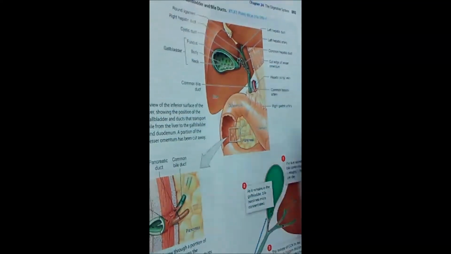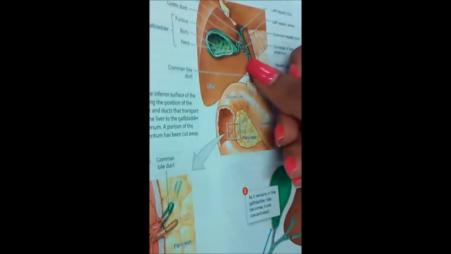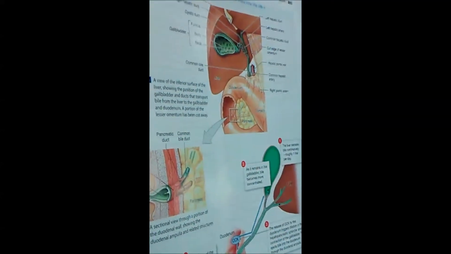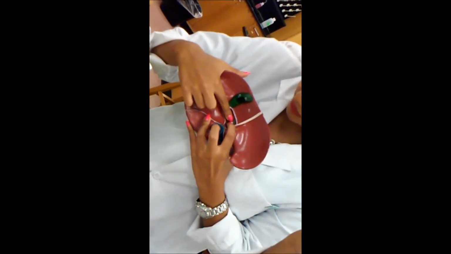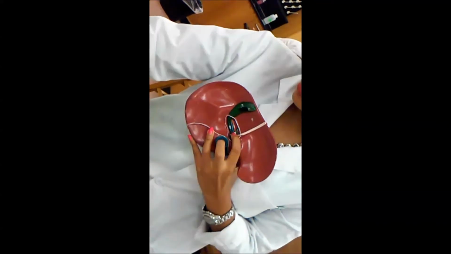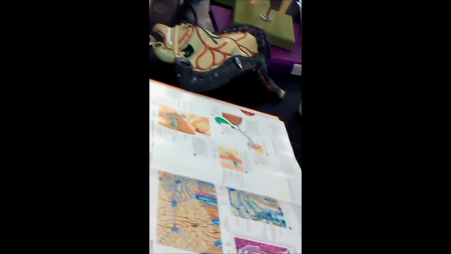And then going into the pancreas, that's the common bile duct. This is the cystic duct, right? Yes. So 563 is cystic. This one is going to the pancreas, so this is the common bile duct. 564 is the common hepatic duct, and then you see how it branches off. That's going to be the left, and the right. This is the left over here, and this is going to be the right hepatic duct.